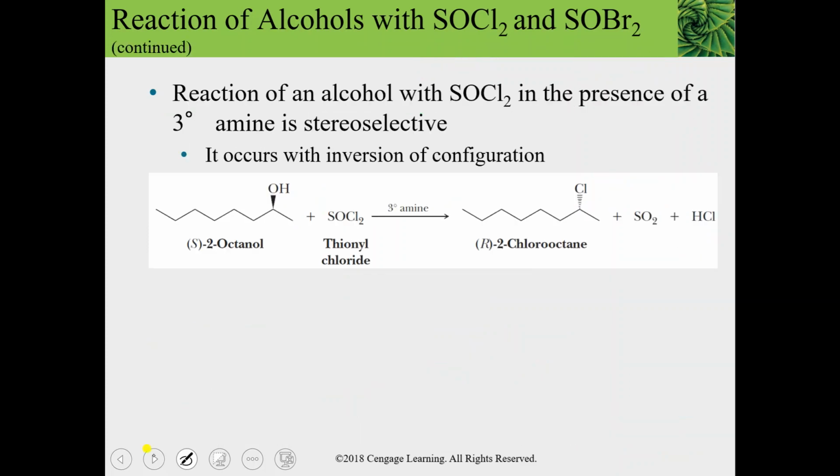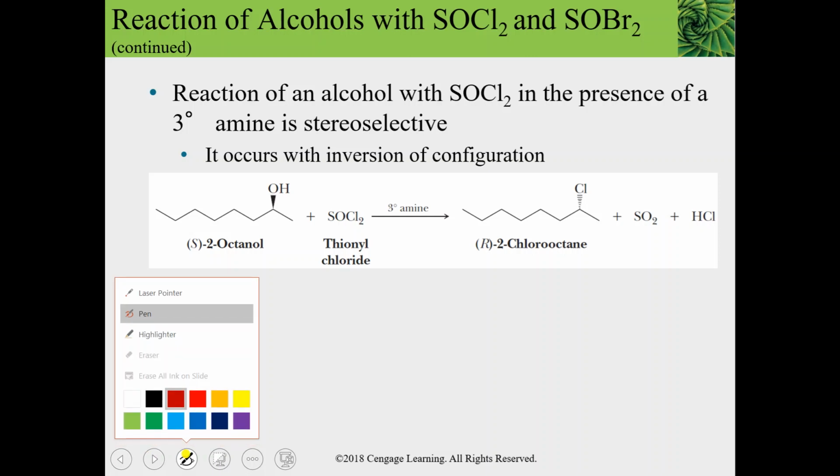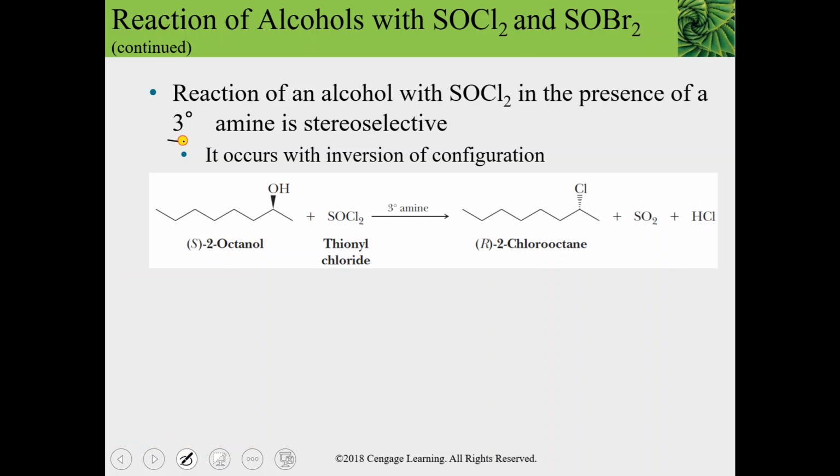Now, if we're talking about a tertiary alcohol, now we're talking about the reaction of an alcohol with thionyl chloride in the presence of a tertiary amine. Once we get this tertiary amine, we get stereoselective. What does that mean? That means racemic mixture.